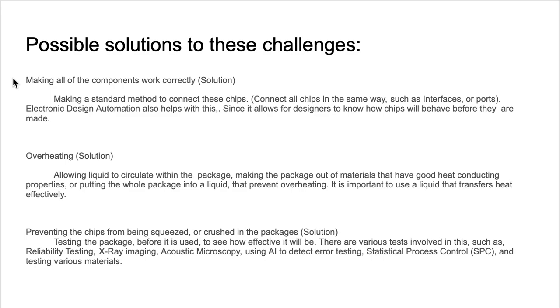What can be done is a standard method to connect these chips, connecting them all in the same way, like interfaces or ports, a specific method, or EDA, electronic design automation. Those tools help with finding which chips might not work before they're even made. That's also pretty important.